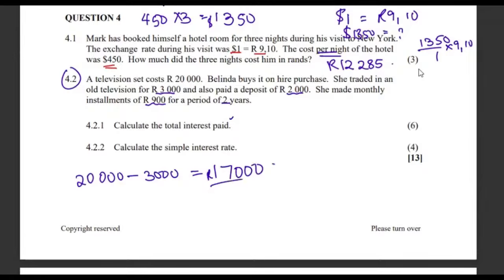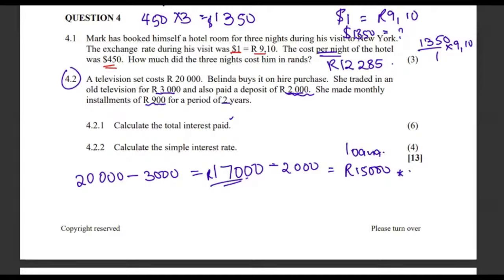So in other words, this is what the TV is going to cost her from her pockets. Then from the 17,000, since she also paid a deposit of 2,000, we take it off, meaning that the loan amount is going to be 15,000. Okay, so this 15,000, she needs to look for it. How? We don't know.